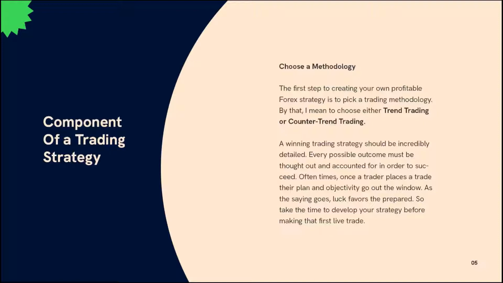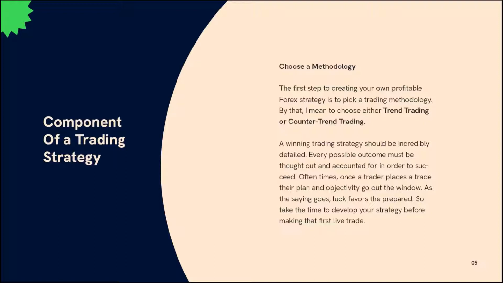Every possible outcome must be thought out and accounted for in order to succeed. You must already have an idea: if this doesn't happen, then that will happen; if that doesn't happen, then this will happen. That's what your trading strategy should be about.